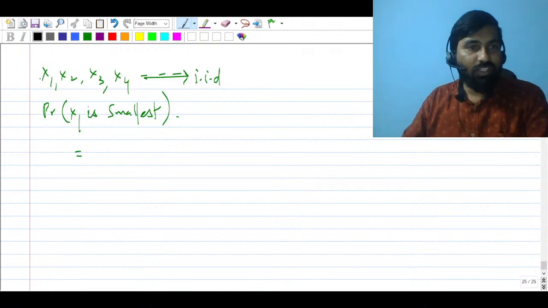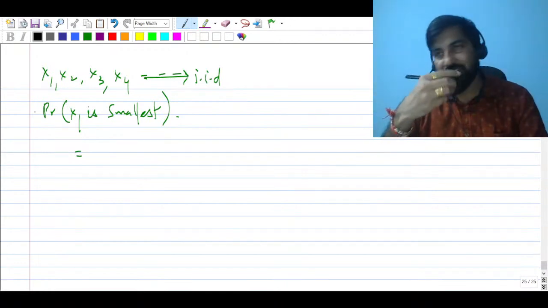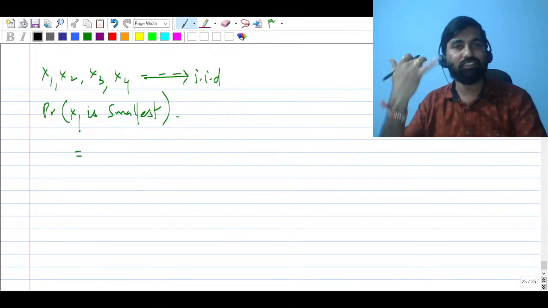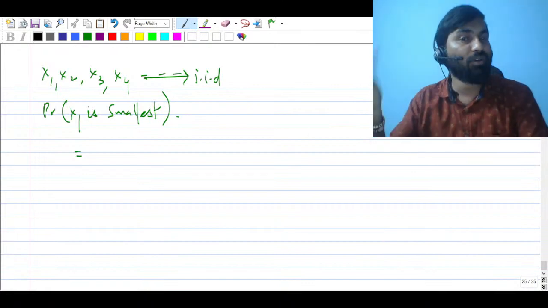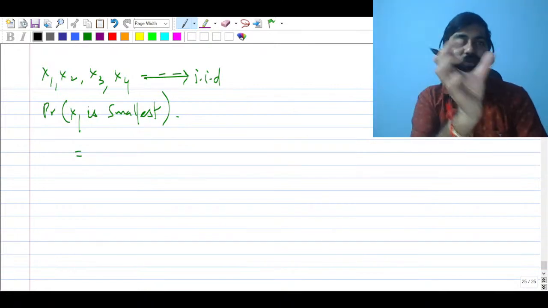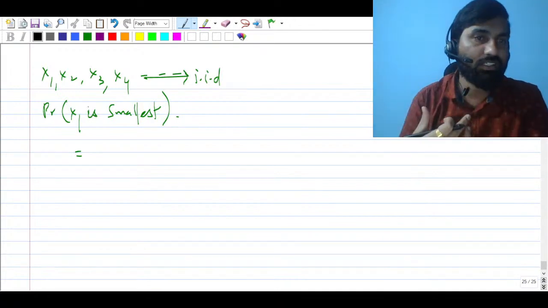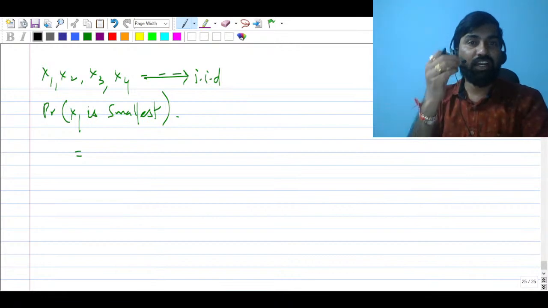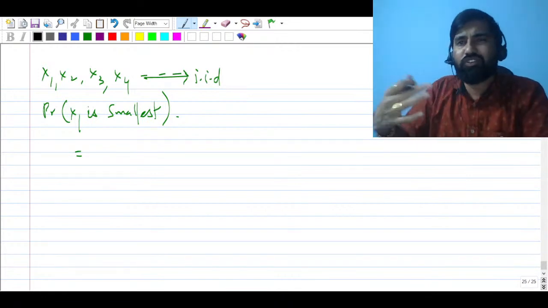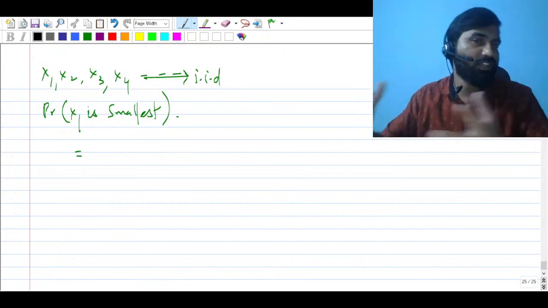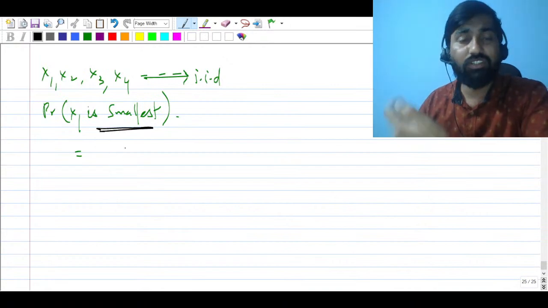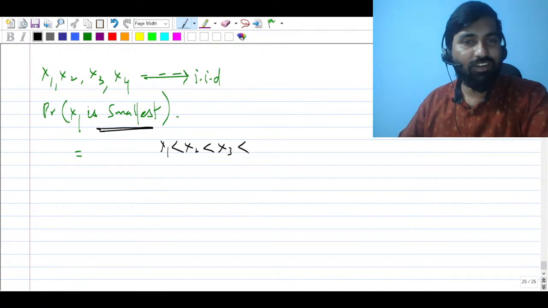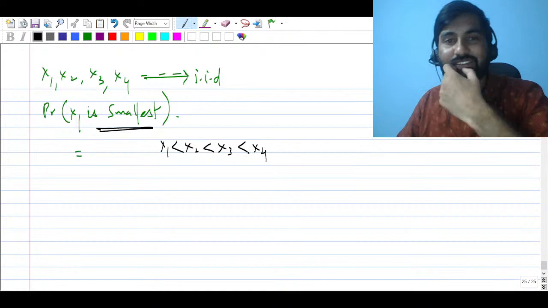There are four variables; in our earlier case, with three random variables, we got six possibilities which had inequality signs, and for those the probability exists. But some regions of support might have equality signs, since the random variables are the same. Here x1 is smallest, meaning x1 is less than x2, less than x3, less than x4.